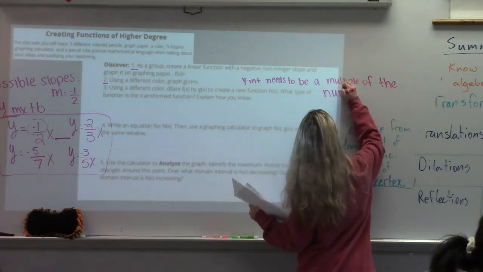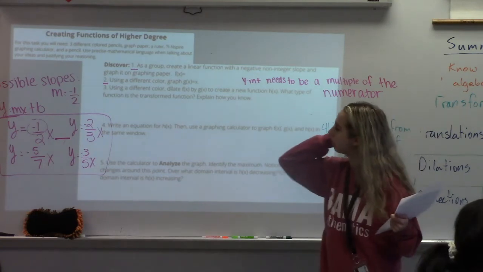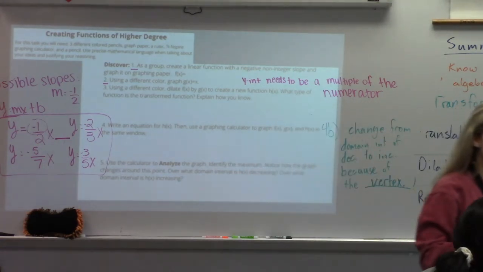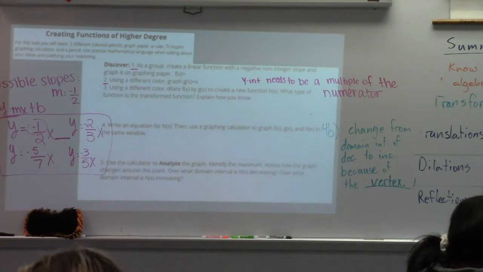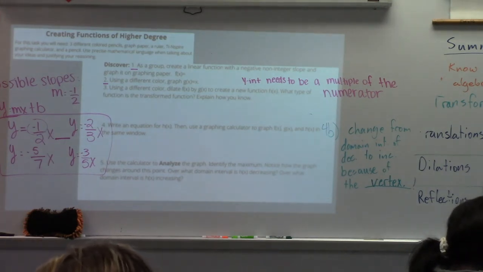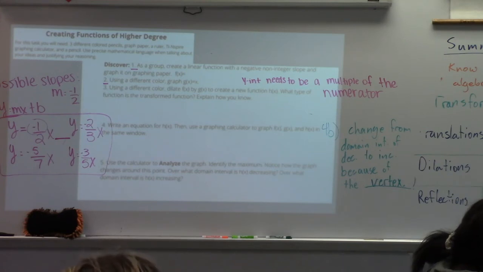Any multiple of 1. We're gonna do negative 4 as our y-intercept. He's doing 0 right now. The slope, we just do it like this. He said you need a multiple of the numerator, meaning, I'll say like 5.